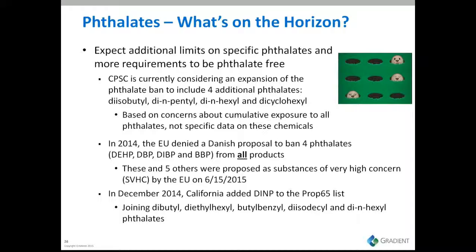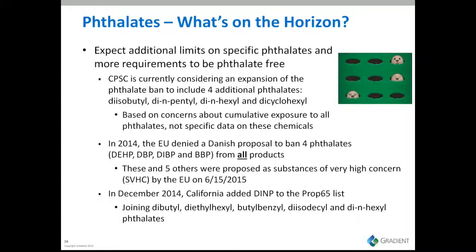Maybe more interestingly, in the EU, in 2014, the EU denied a Danish proposal to ban phthalates from all products. So they wanted to ban them from all products, regardless of whether they were used for children or not. But sort of in compensation for rejecting that proposal, the EU has now proposed that those phthalates, as well as 5 others, are proposed as substances of very high concern.